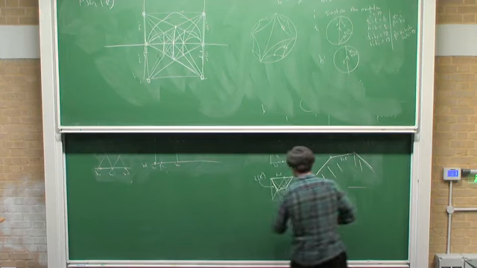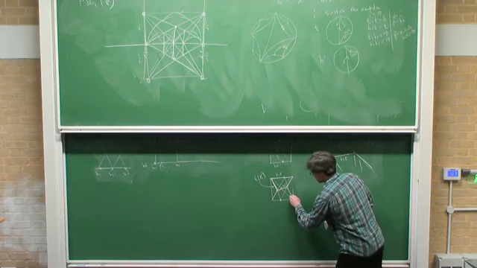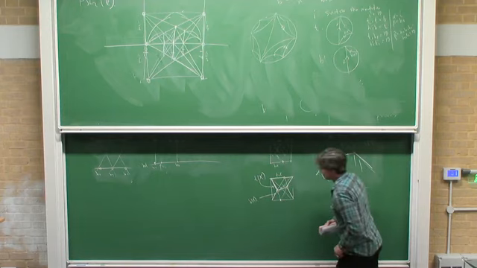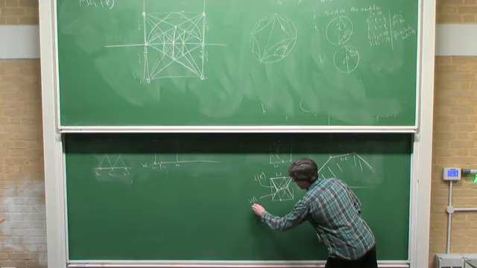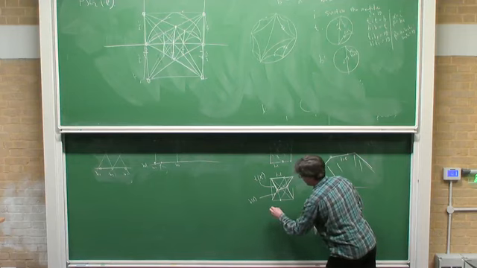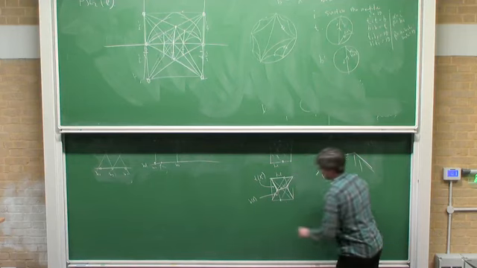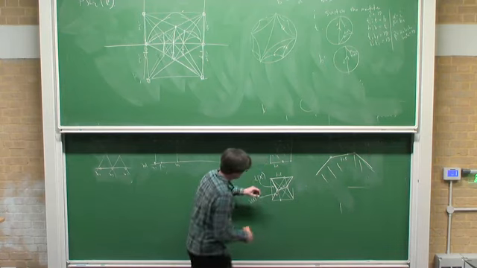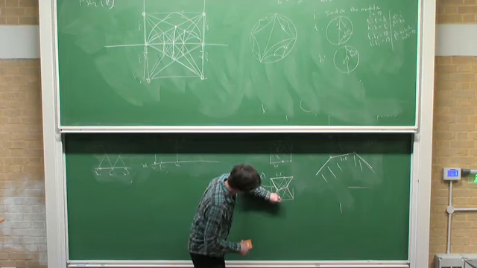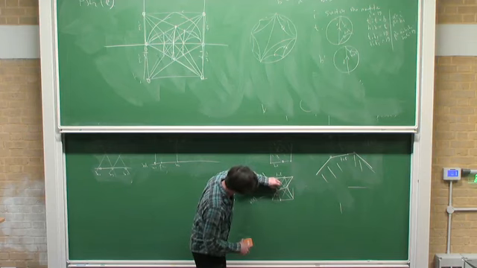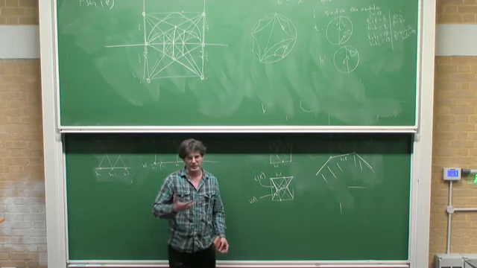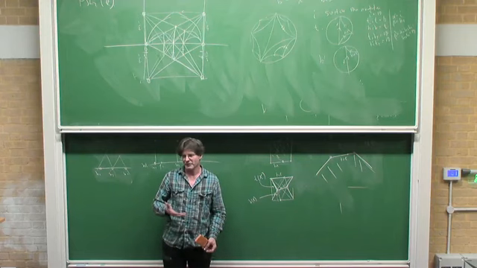And B of x is the bottom. So combinatorially, if you think of edges connecting these points in the middle, I and T do the same thing combinatorially as what's happening on the Farey graph.